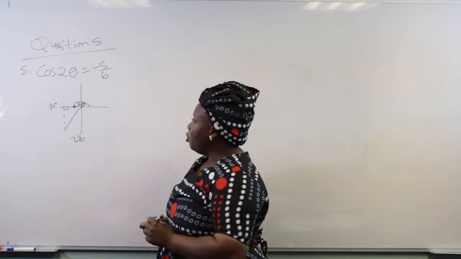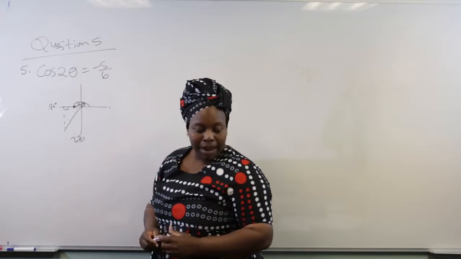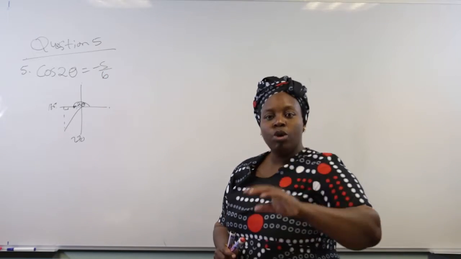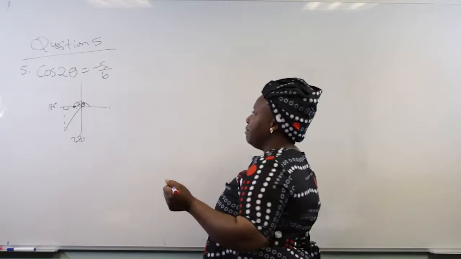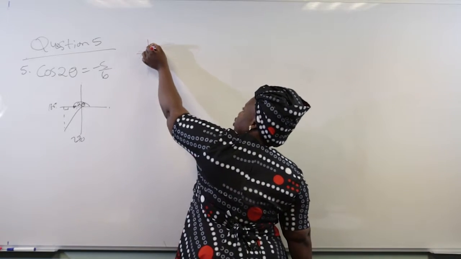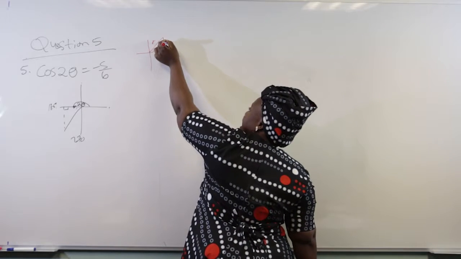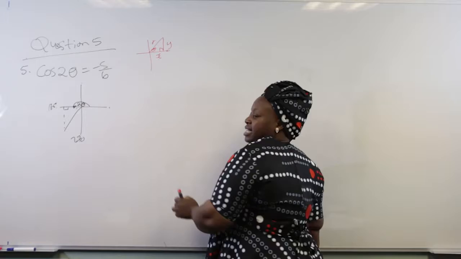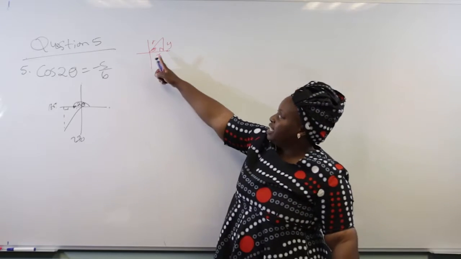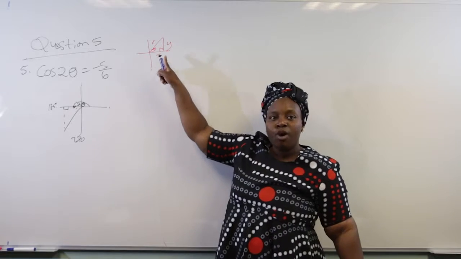Okay, now we're given that cos 2 theta is equal to negative 5 divided by 6. Now, go back to our basics. Remember that if you had a Cartesian plane with a right angled triangle with r, x, and y, where this is theta, your cos of theta will be adjacent over hypotenuse, meaning it's x over r.